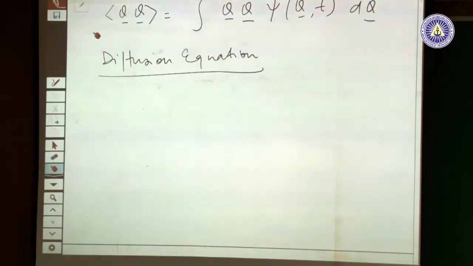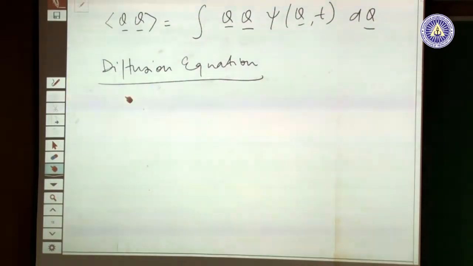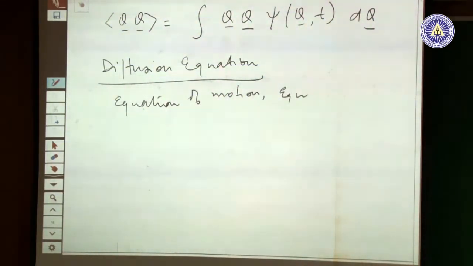Because in order to derive a diffusion equation, and I might run over time, we have to write two components: an equation of motion and an equation of continuity.